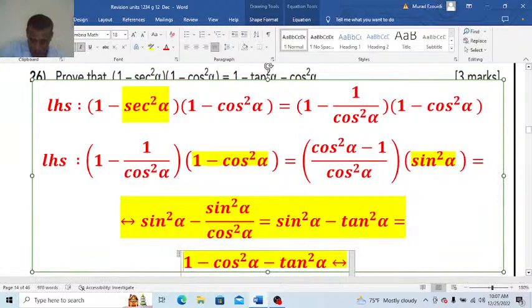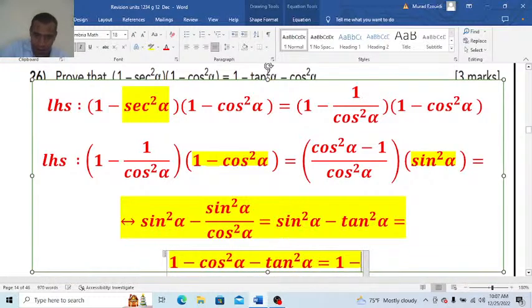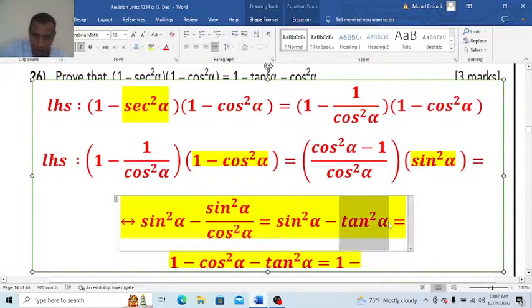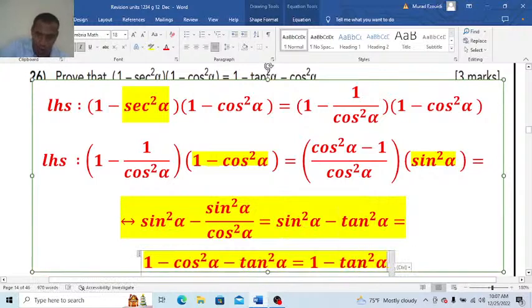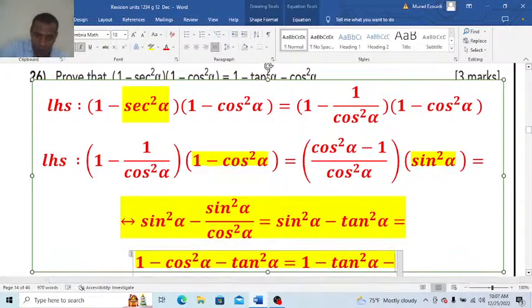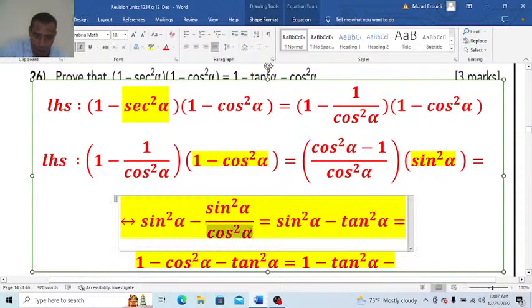So this one is equal to 1 minus tangent square of theta minus cosine square. Therefore, I already proved the trig identity.